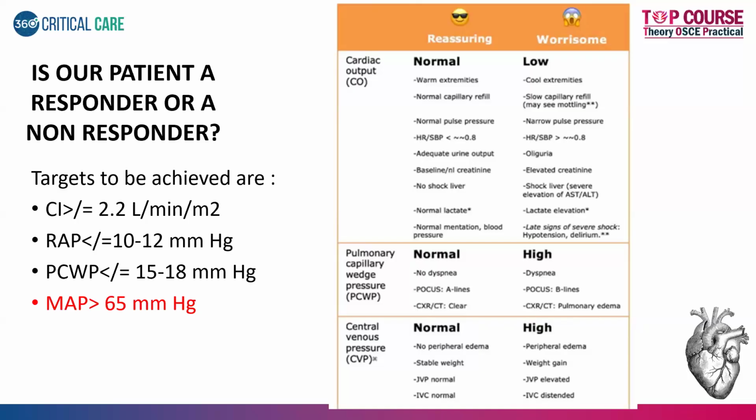Thankfully, in 2022, there was a trial called the BOX trial. It stands for BP and oxygen targets for patients with STEMI. The BOX trial looked at BP targets for patients with cardiac dysfunction and probable cardiogenic shock, and whether a target of 63 mm of Hg versus 77 mm of Hg made any difference.